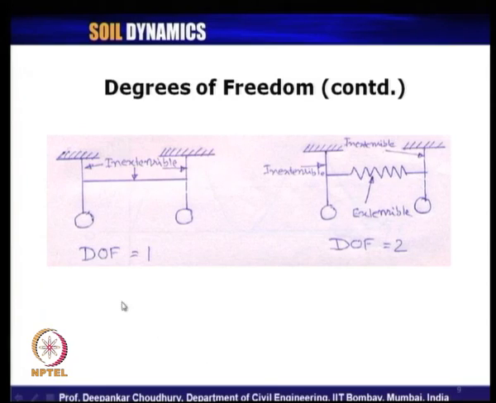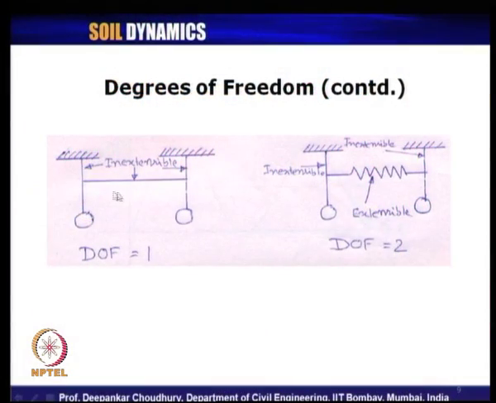Let us take some more examples on this. If we take two simple pendulums, let us look at the figure here. Two simple pendulums connected by a rigid rod or rigid string, and all these three rods are inextensible in nature. In that case, what is the degrees of freedom of the system? That is 1. Why?